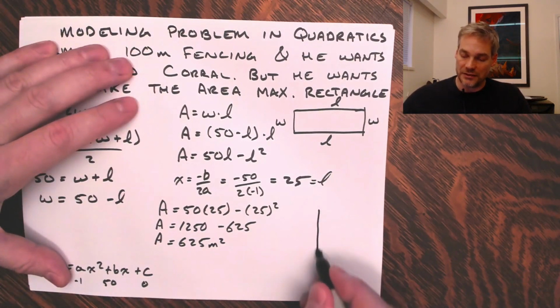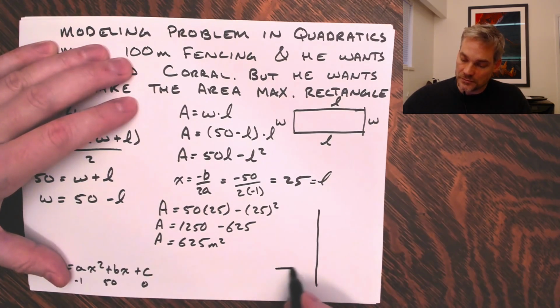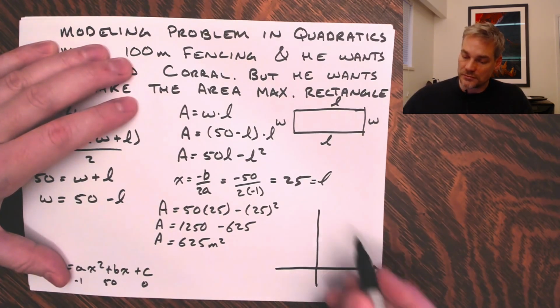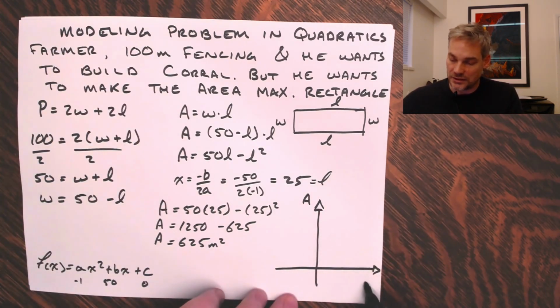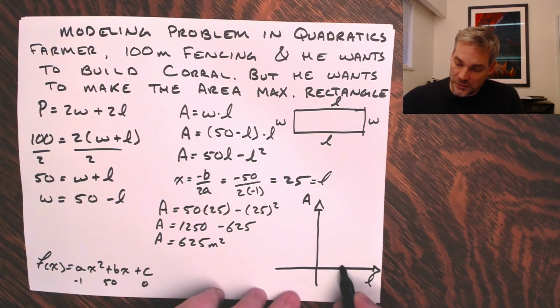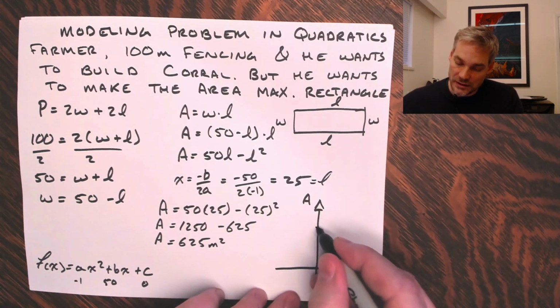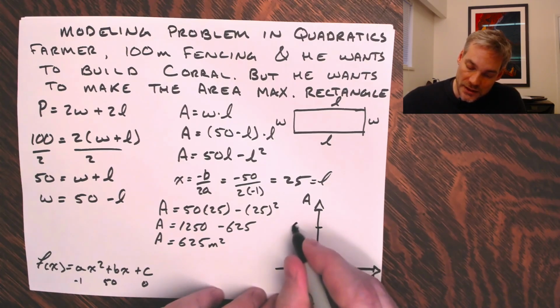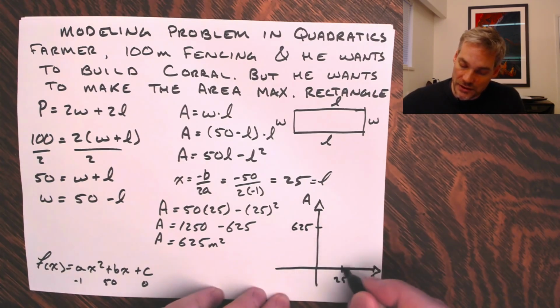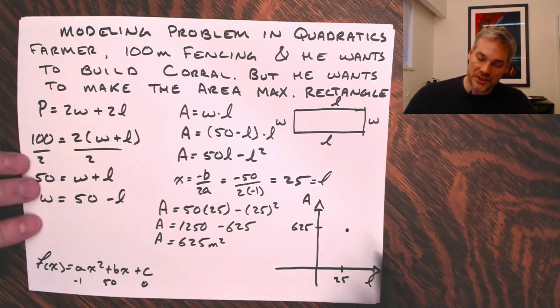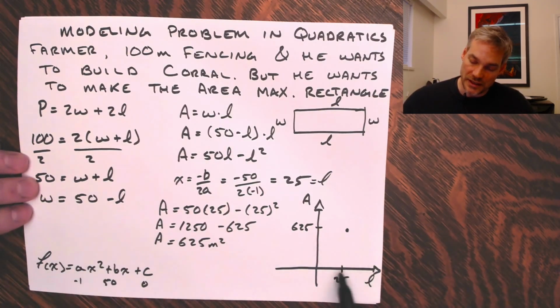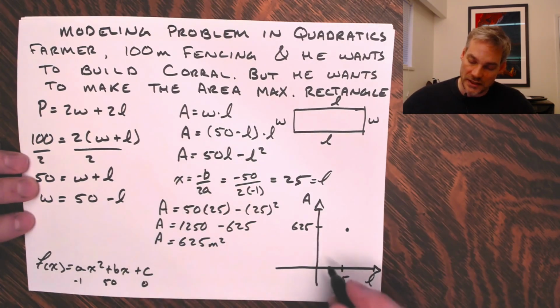Now we can just graph this really quick. So this is our area, and this is our length. We know that when it is 25, the area is 625. And we know that if the length is 0, the area is 0.